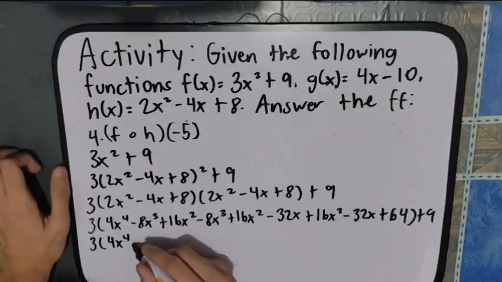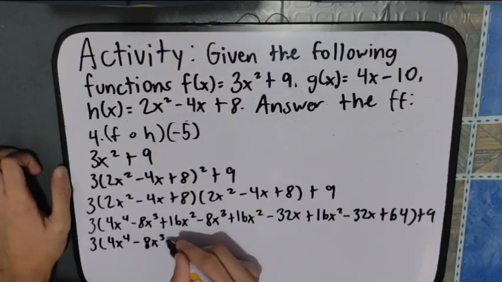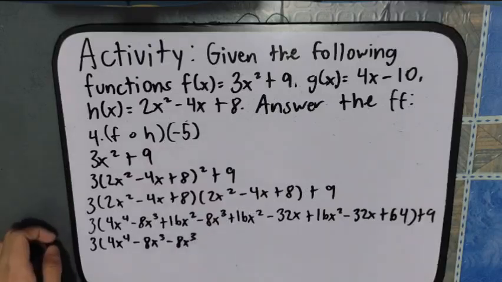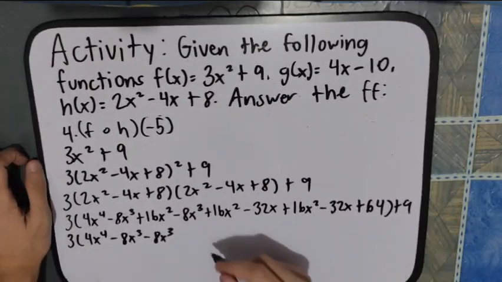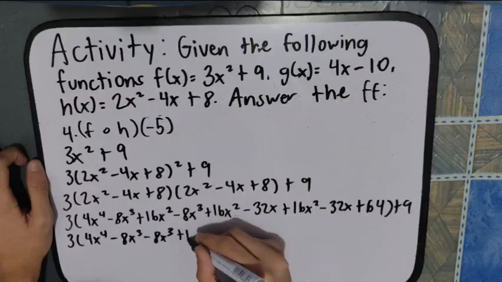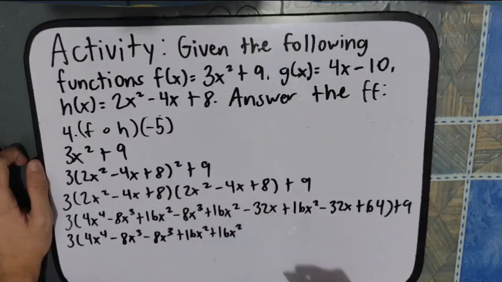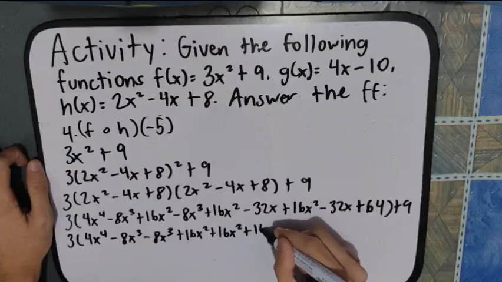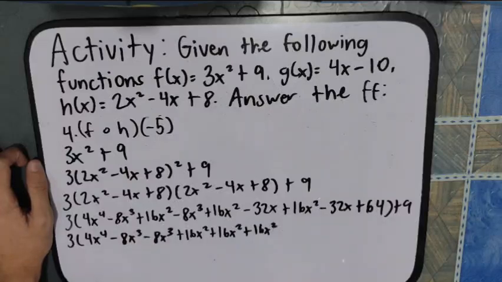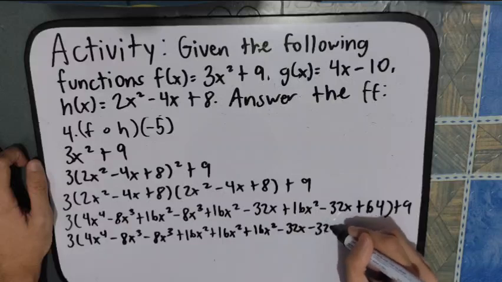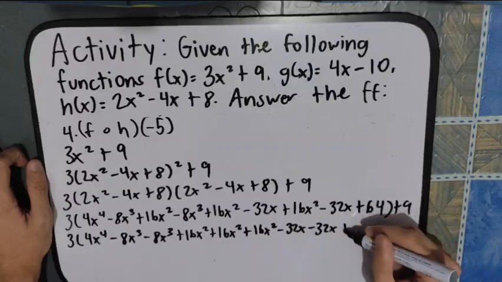After that, negative 8x cubed, negative 8x cubed, then followed by positive 16x squared, positive 16x squared, positive 16x squared, then negative 32x, negative 32x, and then the last one, the constant, plus 9.